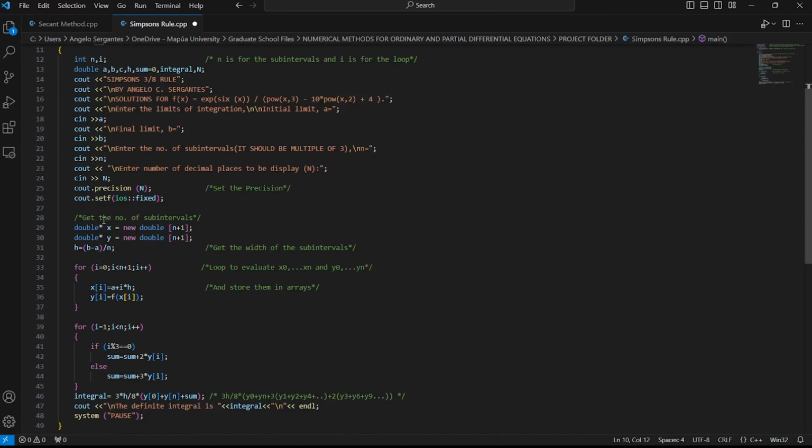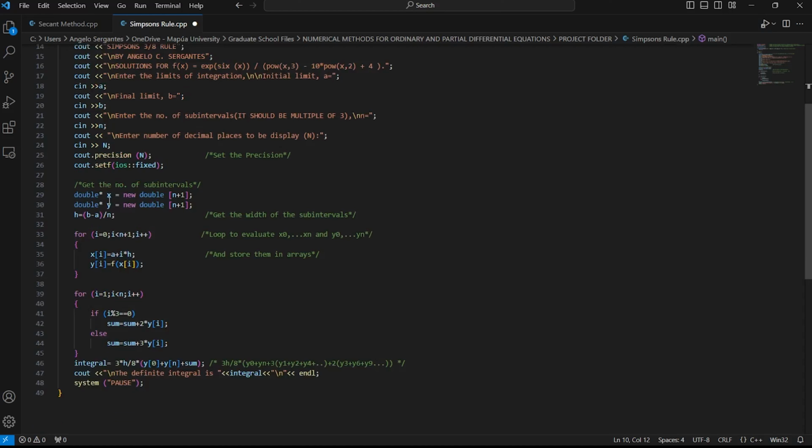Next, the program will start to compute the number of intervals using this equation, double x equals double n plus 1, after which h can be obtained using this formula, which is common for trapezoid, Simpson's 1/3 and Simpson's 3/8 rule.